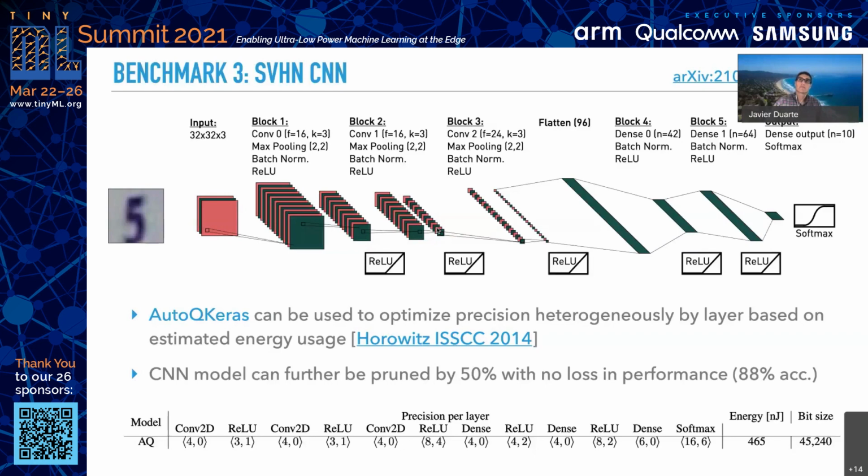To some degree, AutoQKeras is doing some form of neural architecture search in the sense of optimizing mainly the precision, but you can also use it in combination with Bayesian optimization to optimize things like the number of neurons and number of layers. And this is something that we are actively working on, and have some results for combining Bayesian optimization with quantization search as well.